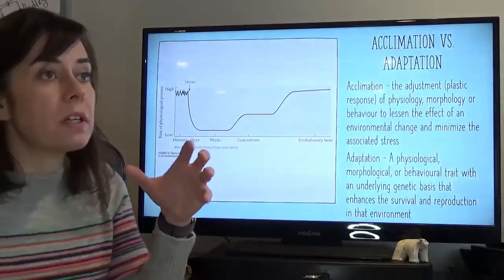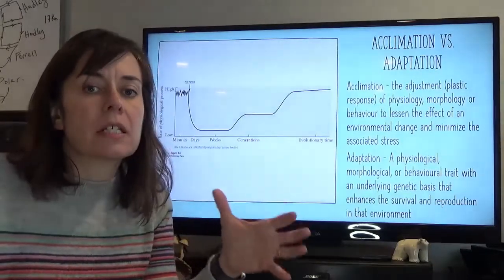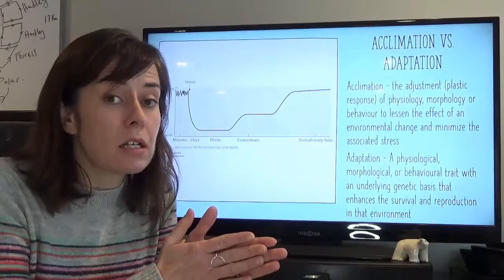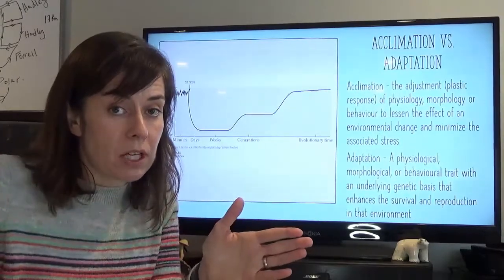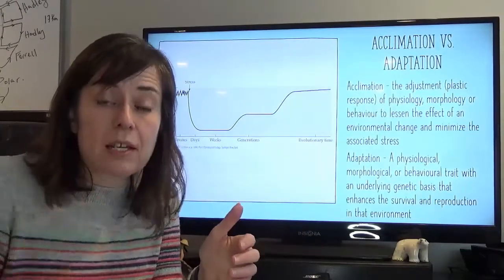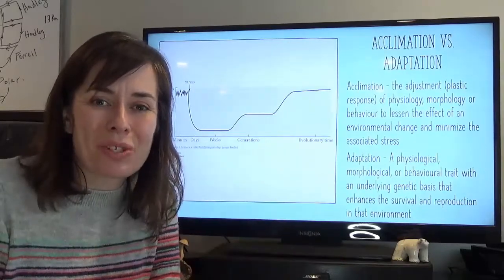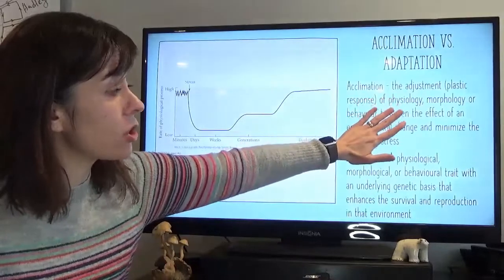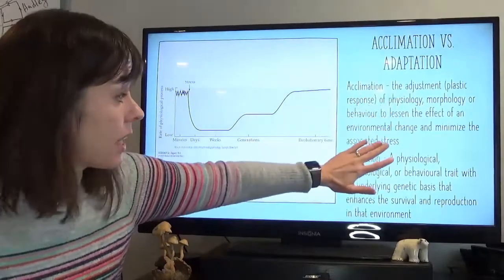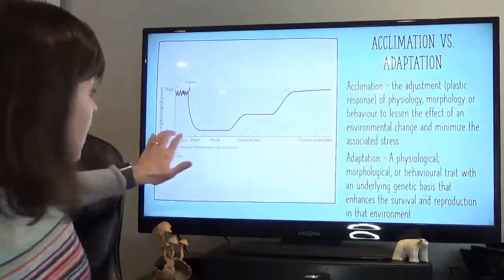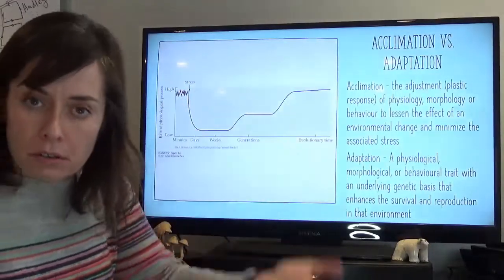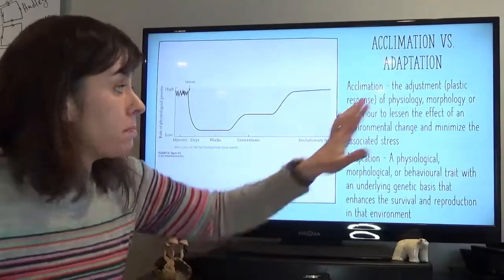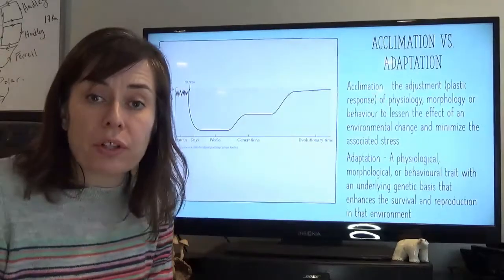But if an entire population is exposed to that same stress over some very long period of time, we will see what we refer to as natural selection. So those individuals that have behavioral, physiological, or morphological responses that really help to reduce the stress and improve the outcome for that individual will be selected for in the population.